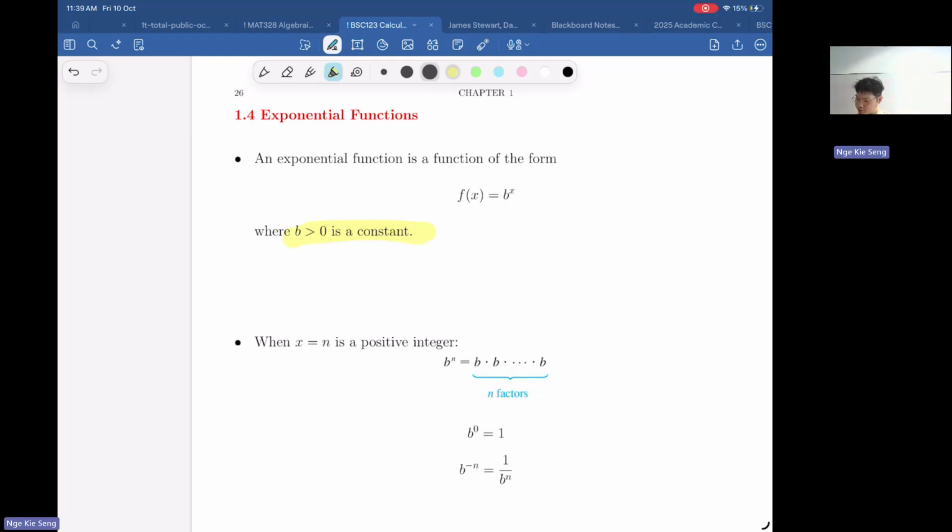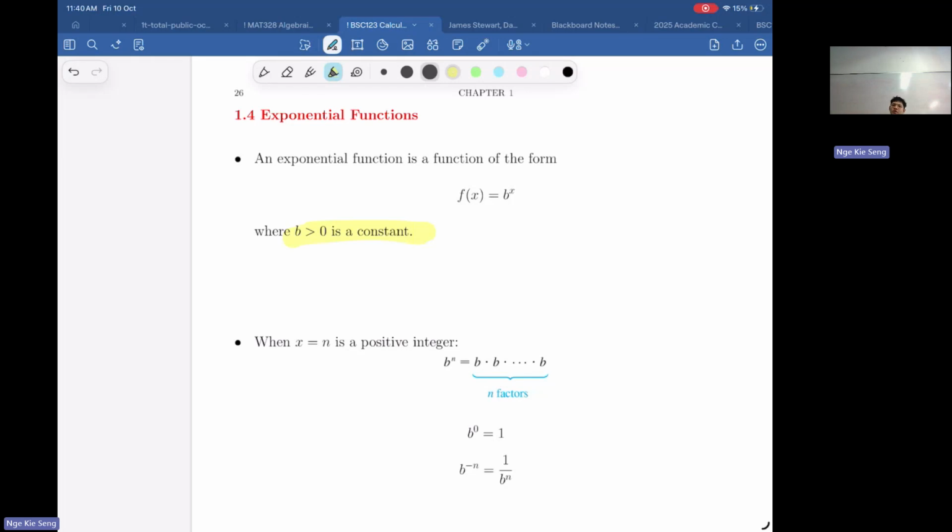Do you know why we fix b to be greater than 0? Any idea why we do this? What happens if b is less than 0?